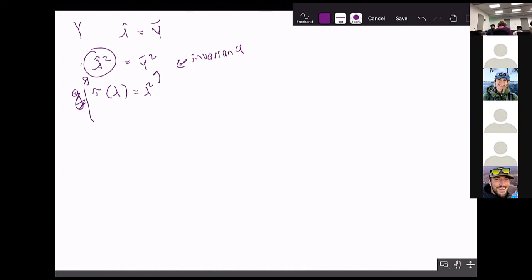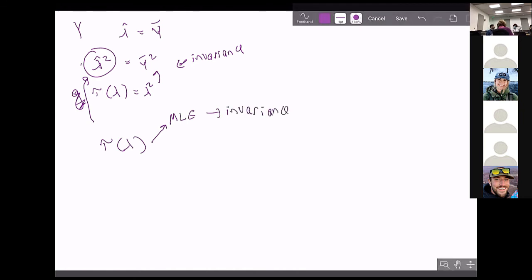So you have a transformation of the original variable. If you want the MLE of that, you use the invariance property. This is your informal flow chart. But if you want the variance of that estimator, you have to use the delta method.